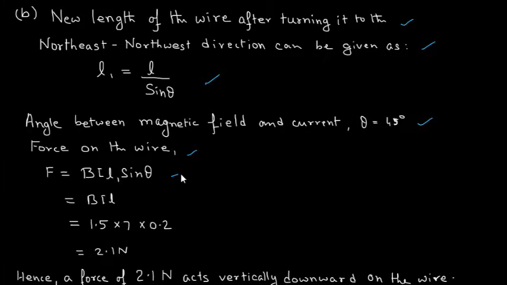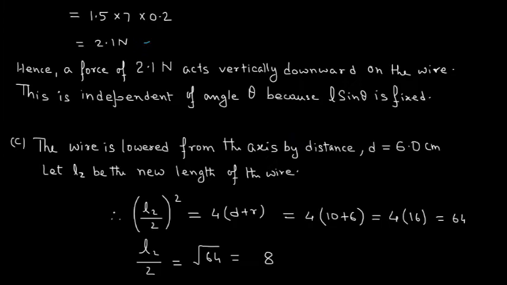Putting the values of B, I, L and theta we get 2.1 Newton. Hence, a force of 2.1 Newton acts vertically downward on the wire. This is independent of angle theta because L sine theta is fixed.